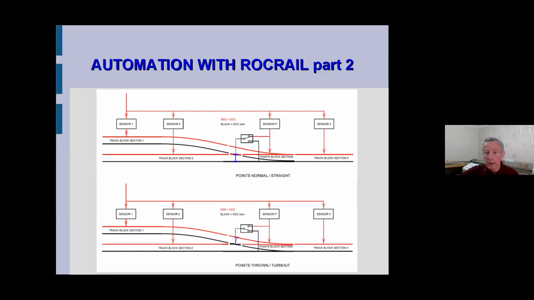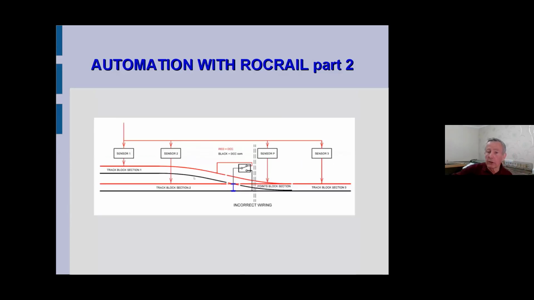But the other wheel is still on the stock rail, which is connected to the sensor. So the wheel set is still drawing a current through the sensor, through the stock rail, down to the frog and down to common. So Rocrail still knows that there is a loco or a wagon on those points.